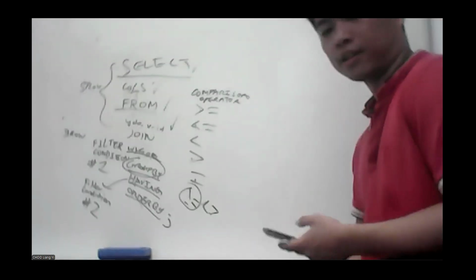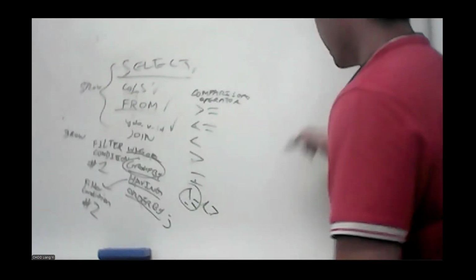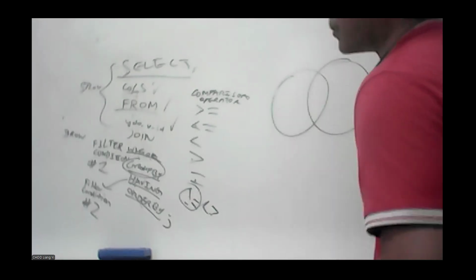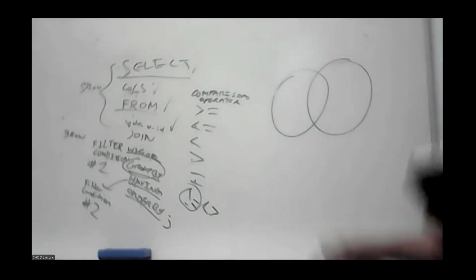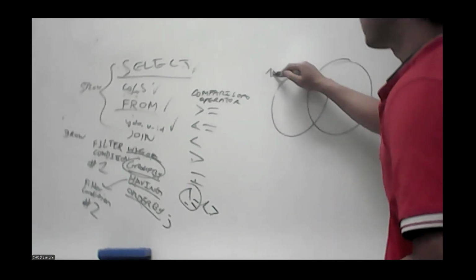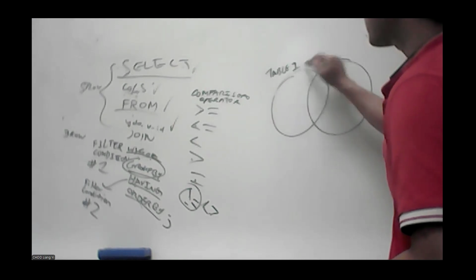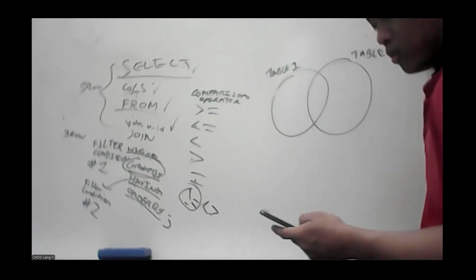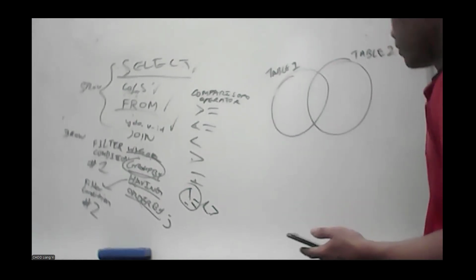Okay, first one. To understand join properly, there's this thing called Venn diagram. So for the purposes of this module, in the Venn diagram, each circle is one table. Table 1, table 2. There's different types of join.